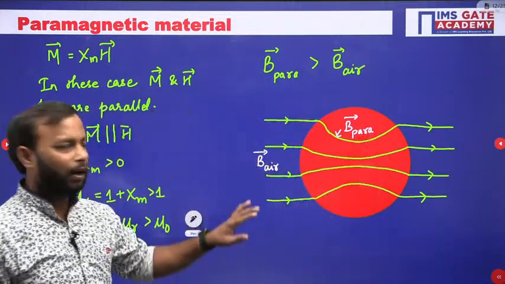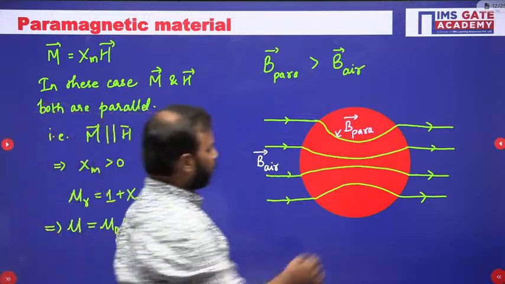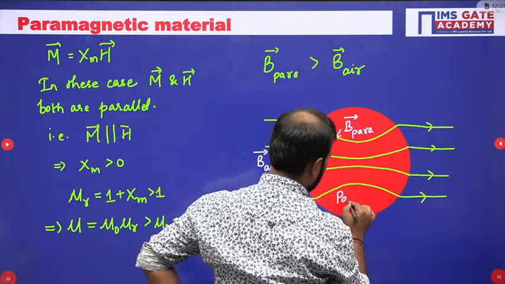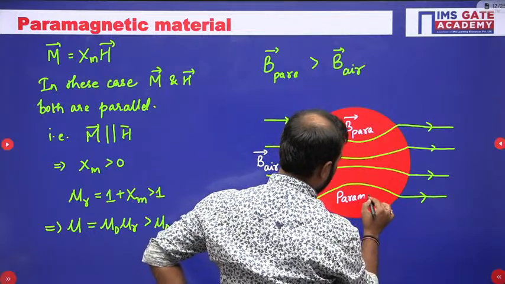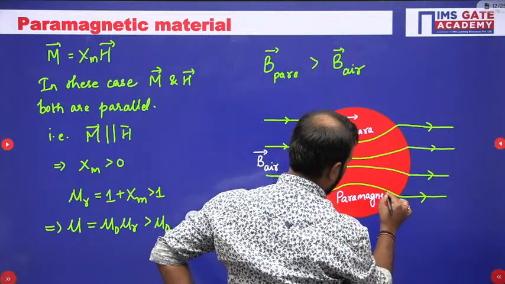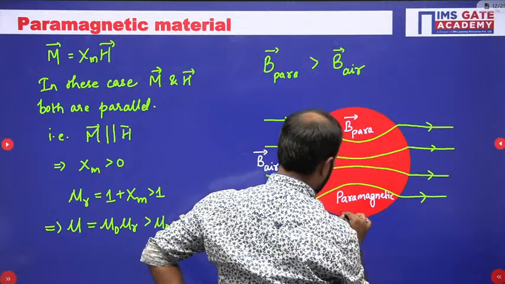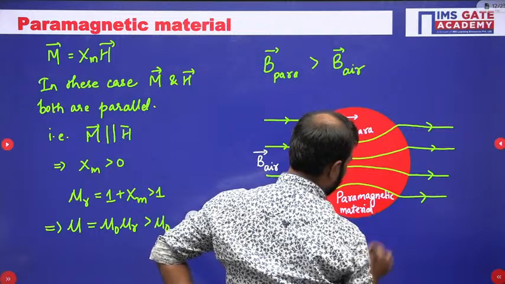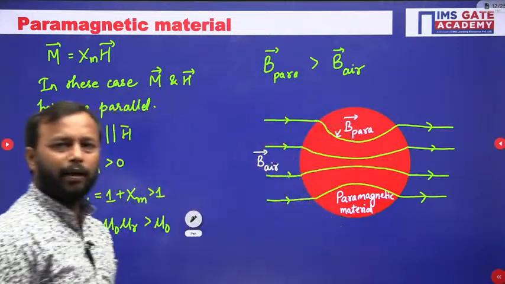I hope these colors are visible to you, and this particular thing is what? Paramagnetic material. Am I clear, everyone?